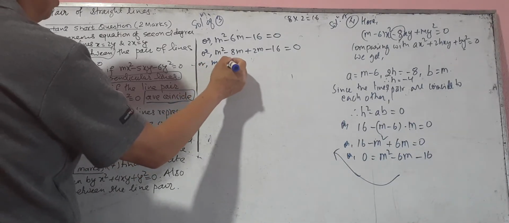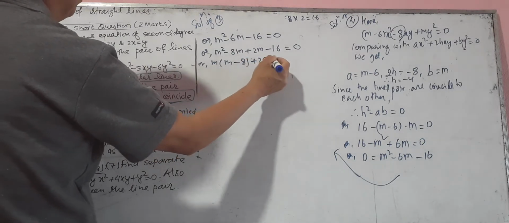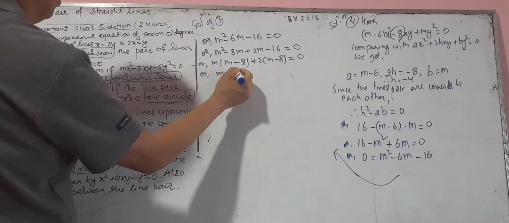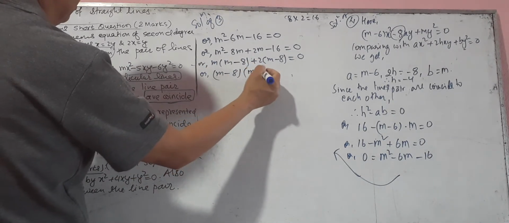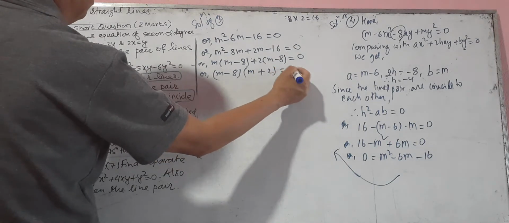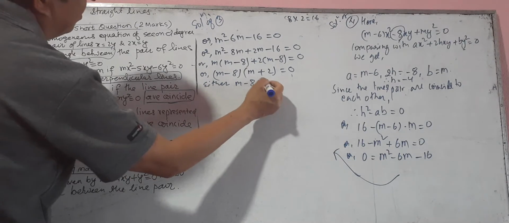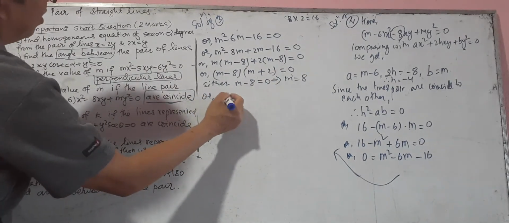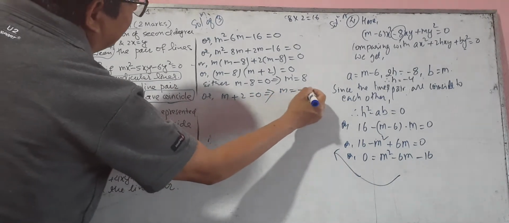So m is common to the first two terms: m times (m minus 8), plus 2 is common: 2 times (m minus 8) equal to 0. Or m minus 8 is a common factor of these two terms, and the remaining terms are m plus 2 equal to 0. So either m minus 8 equal to 0, this implies that m equal to 8, or m plus 2 equal to 0, this implies that m equal to minus 2.